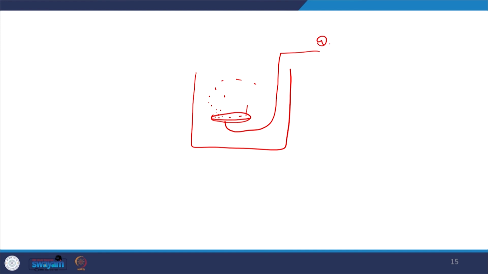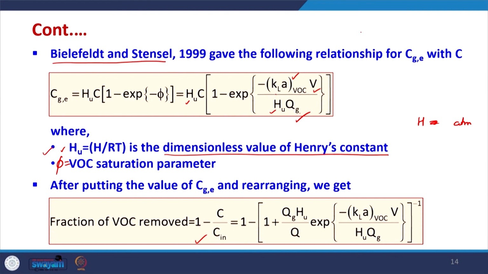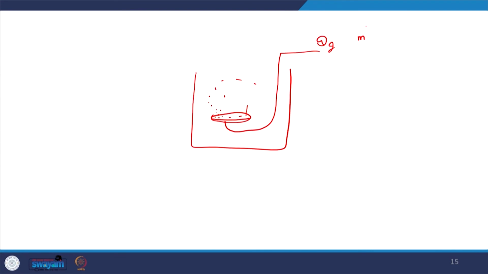Now, here Q_g is the flow rate, and this unit we are just assuming to be some meter cube per second or anything like this.